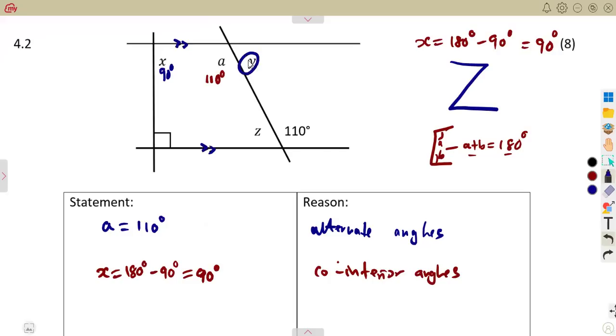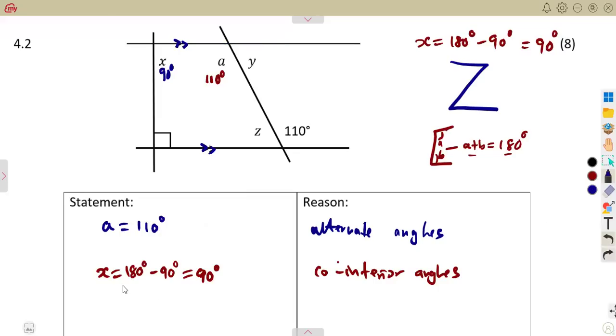You can find the value of Y from angles on a straight line. You can find the value of Y by the corresponding angles. It is corresponding, or from the co-interior angles again, with 110 degrees. Or you can find it from angles on a straight line.